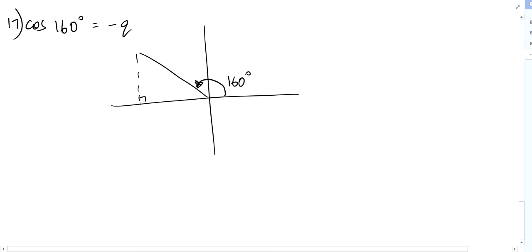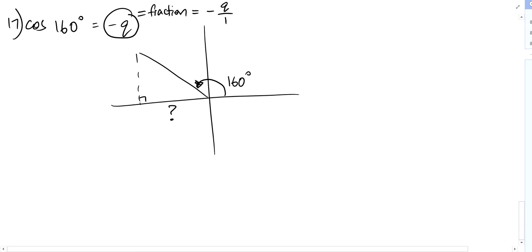Cosine of an angle, which ratio do we get on the board? X over r. So what do you think is the x value here? If this is 1, then what is your radius? You have to see this as a fraction, which is actually negative q over 1.